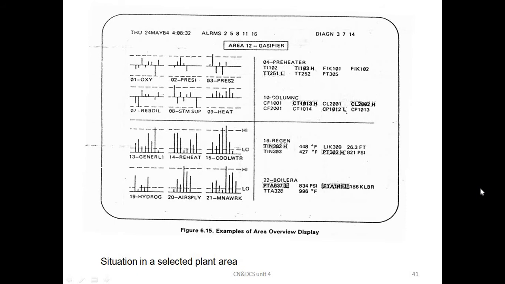Here is the example area overview display. Here the display unit in the area of the gasifier. Here the first one, then oxidants, then preset 1, then preset 2, then oil, and then stump, and then heat.